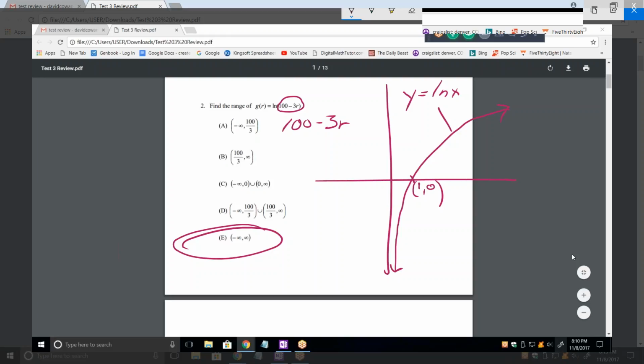Let's see. In log of x, x can be anywhere from 0 to infinity, which means y can go from negative infinity to positive infinity. But in our problem, this has to be greater than 0, which means r has to be less than 100/3.